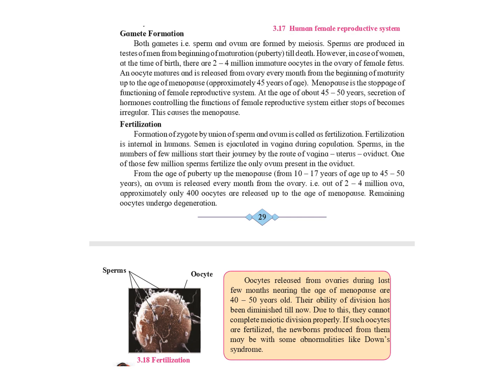So from the age of puberty, maybe around 10, 11 or 12 years, every month one ovum is released from the ovary. And this process goes on till around 50-55 years of age.